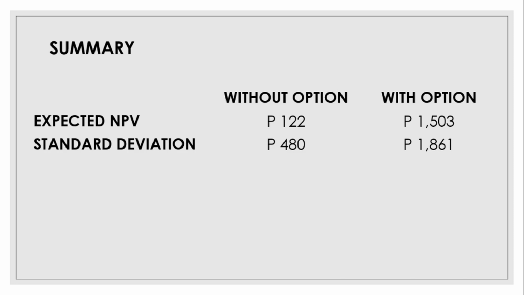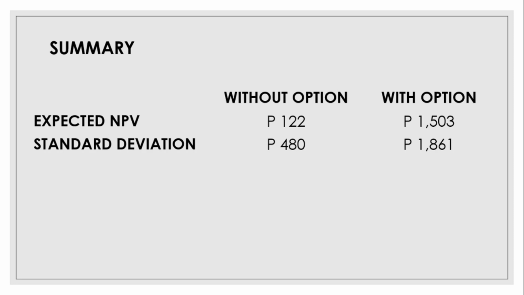On the project with option, we have additional investment which yielded a higher cost of investment, while on the project without option, there was no additional investment. On the other hand, the two of them have different NPVs, and so they are not comparable. So for us to compare them properly and in an orderly manner, we need to compute the coefficient of variation.